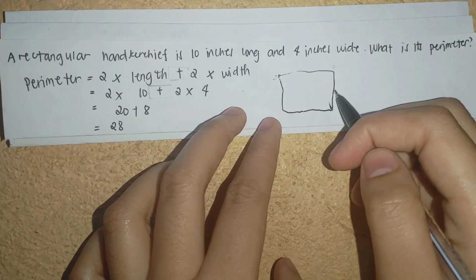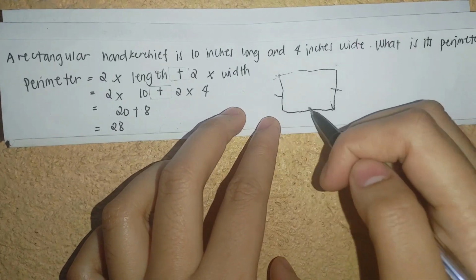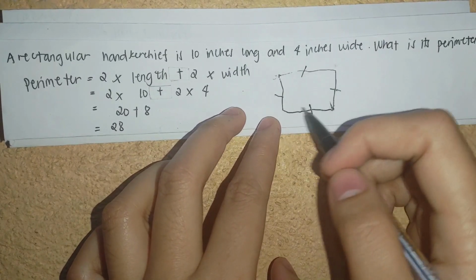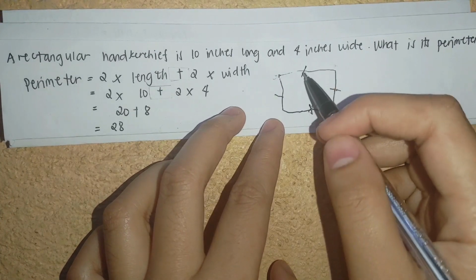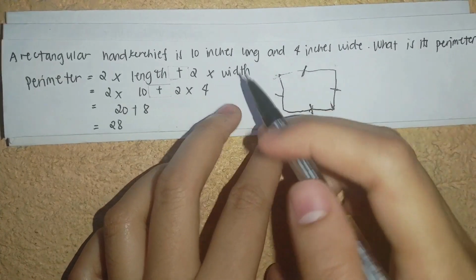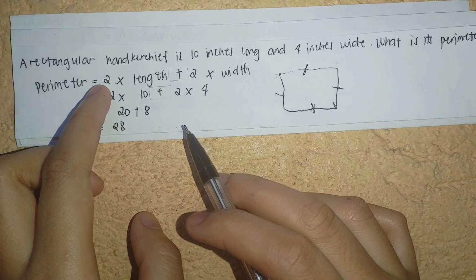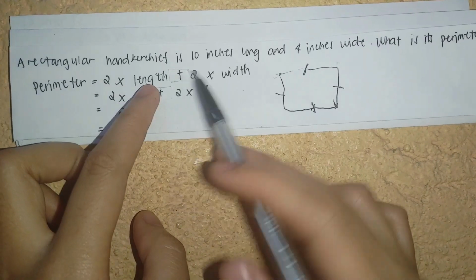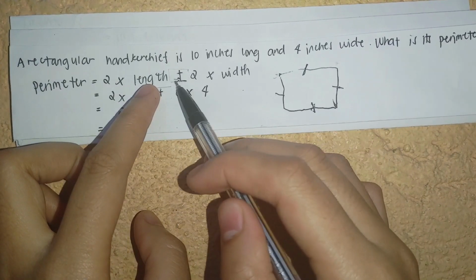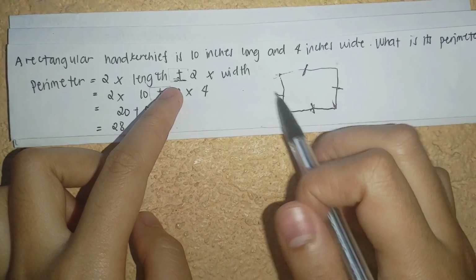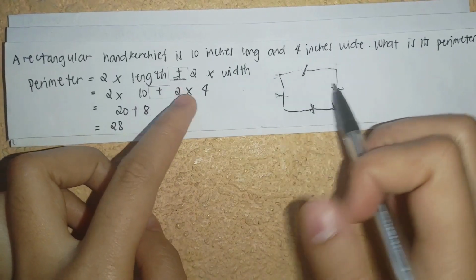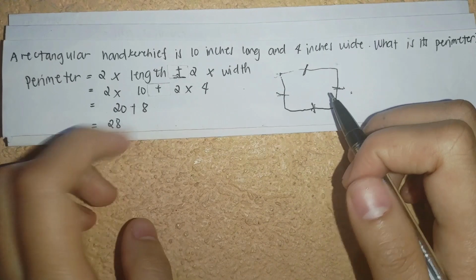So, this is the length, and this is the width. Since they have the same measure, we're going to use 2 times length plus, since it's perimeter, 2 times the width.